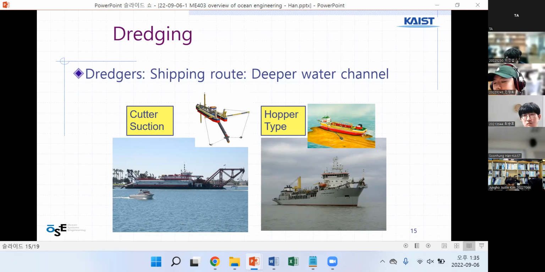Then big ships cannot come to the port of Incheon. That's why we need dredging every day, only for the passageway of the ship. So the ship has a map for the pilot, right? It shows the highway only for the ship.